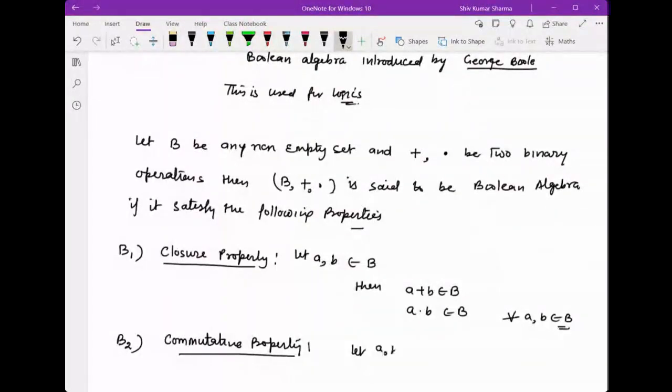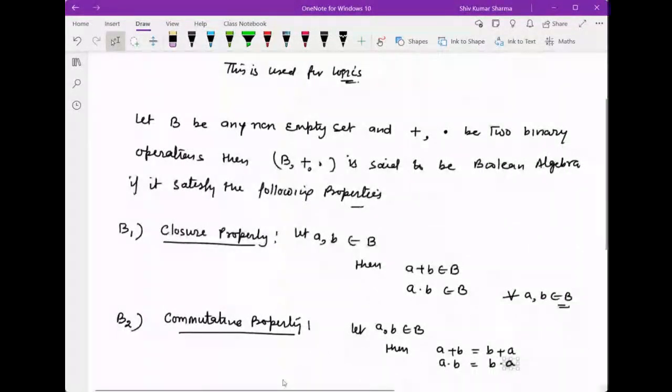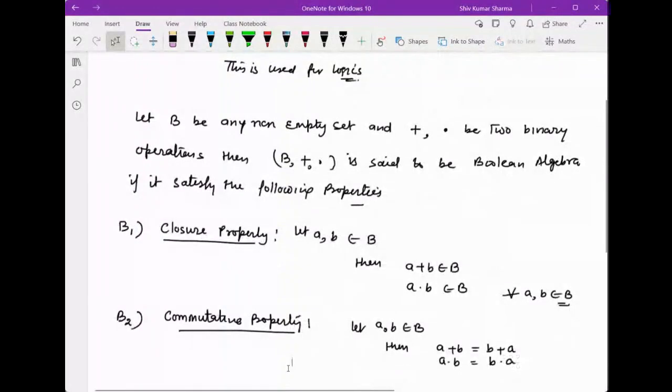Let A and B be two elements of B. Then A plus B is equal to B plus A, and A into B is equal to B into A. So this is commutative under addition and multiplication; both operations will satisfy these two.